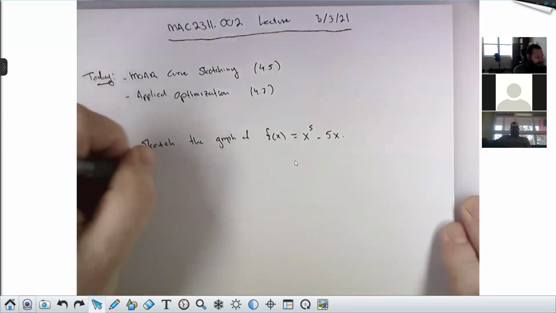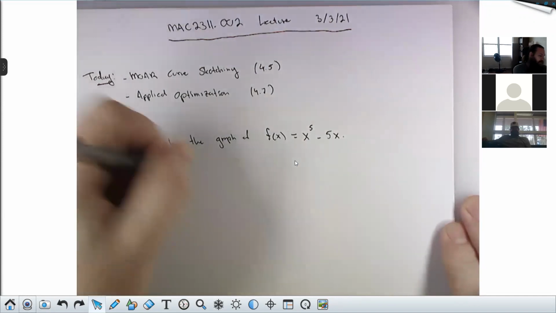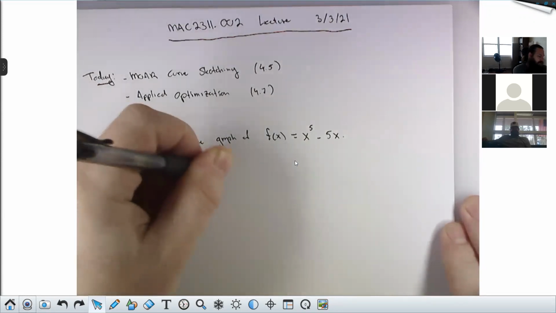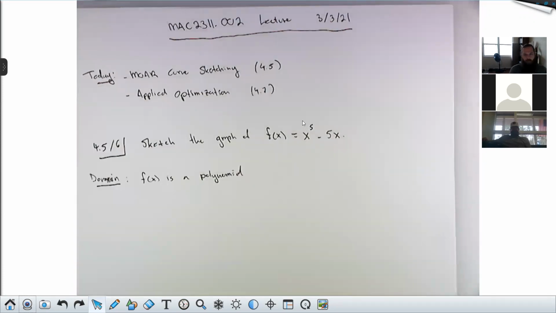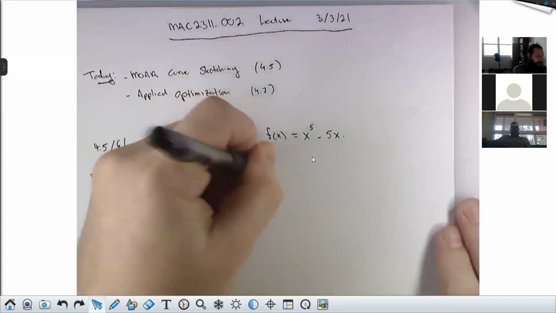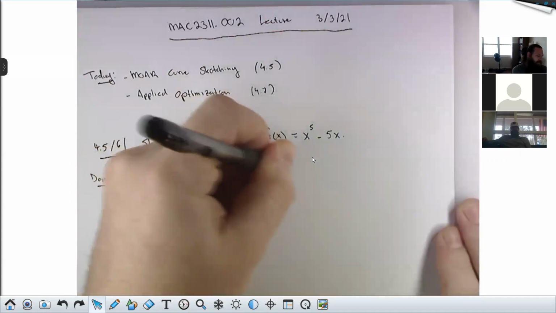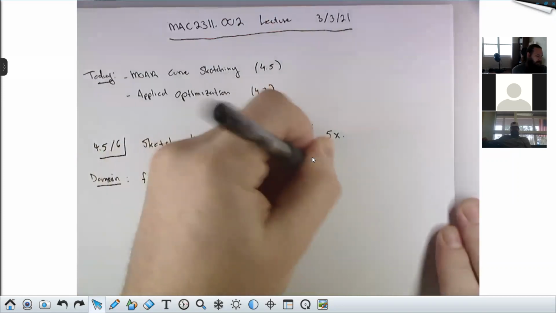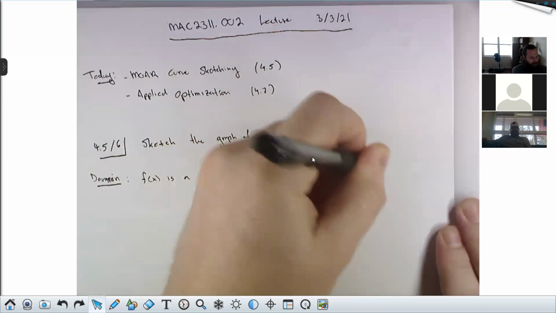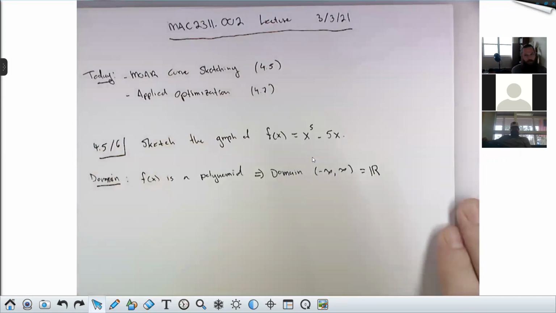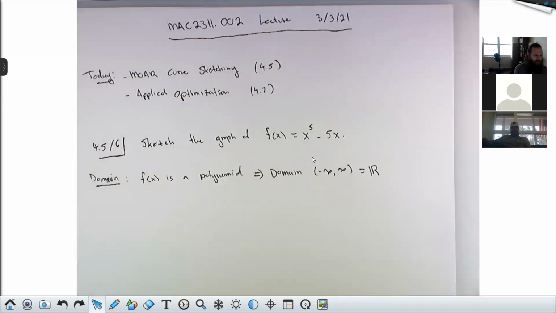F is a polynomial here. Remember, polynomials are functions that have only positive integer powers of x. So this guy is definitely a polynomial. And they all have domain negative infinity to infinity. The book uses the following symbol for that. It's a blackboard bold R. It means real numbers, the set of all real numbers.